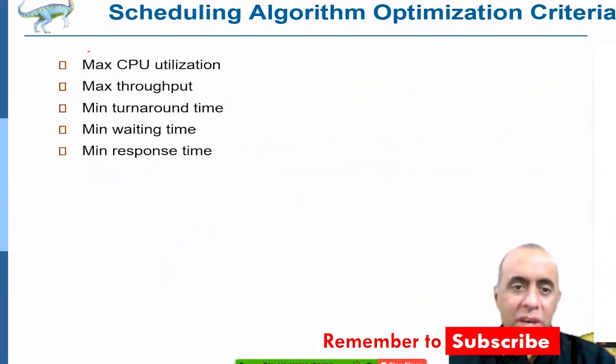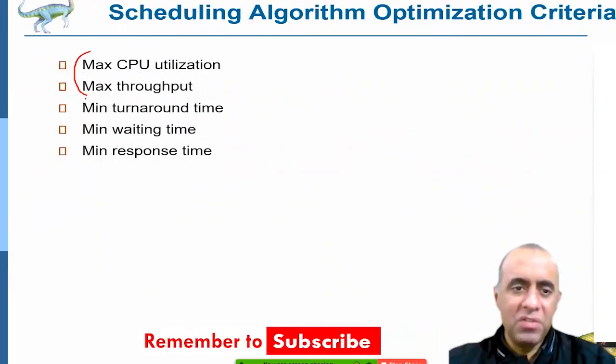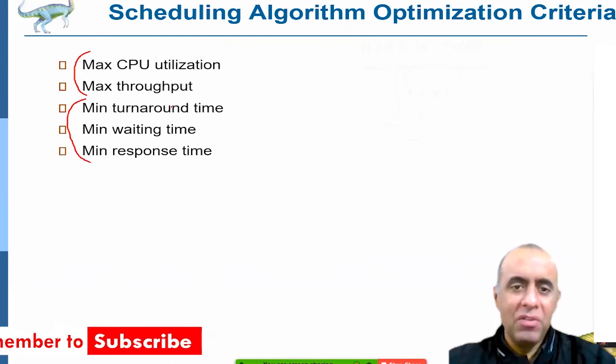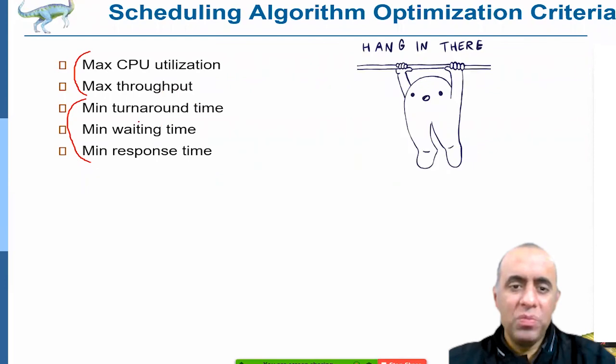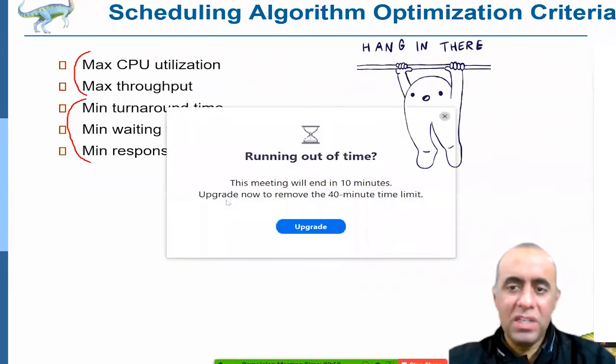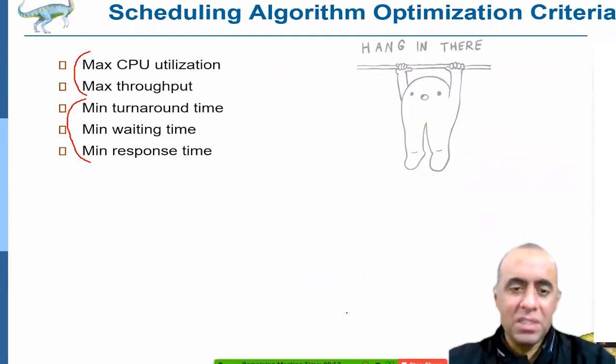So we want to minimize this time as well, right? We want to maximize these two things, and minimize these three things. We want to maximize the utilization and throughput for the CPU. We want to minimize all the times, because all of these times are like waiting times.